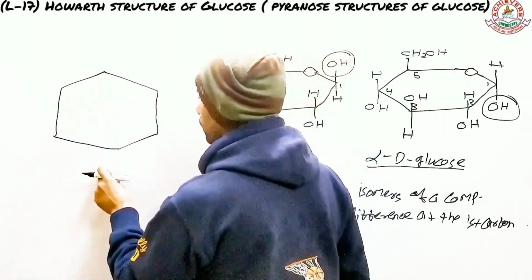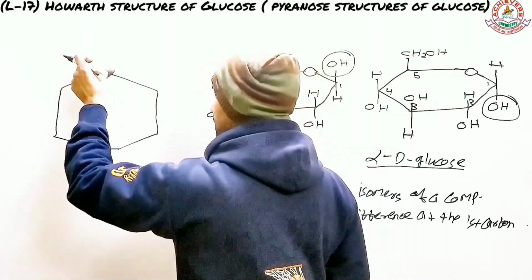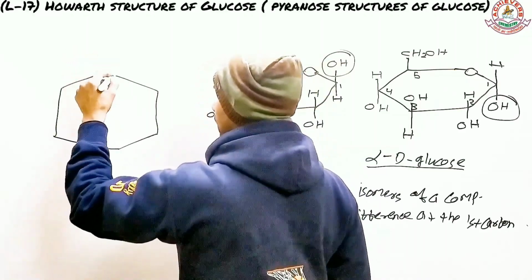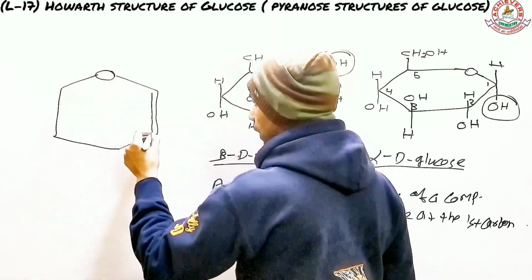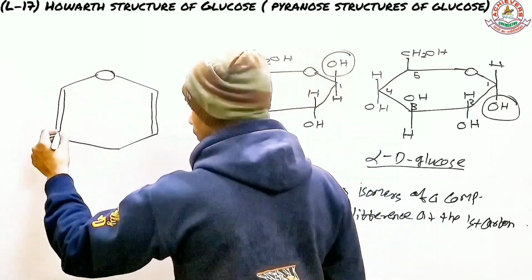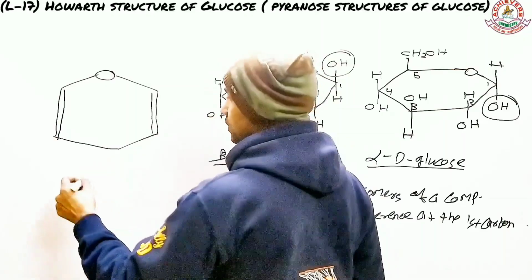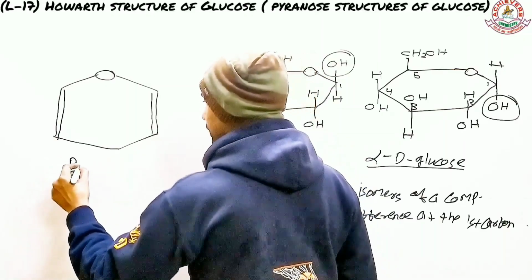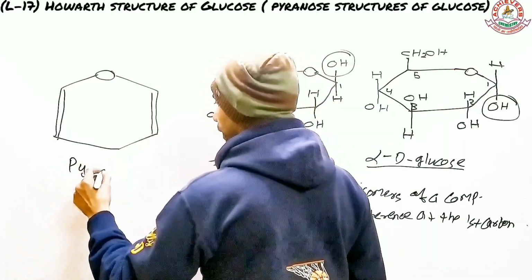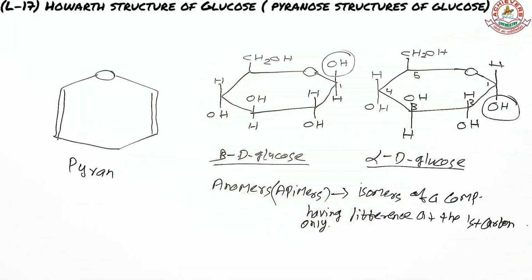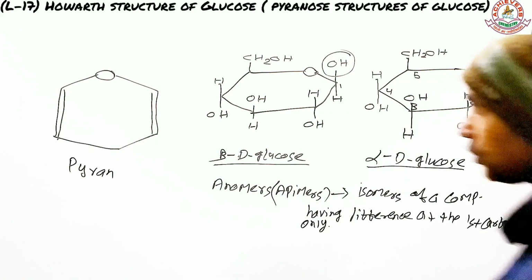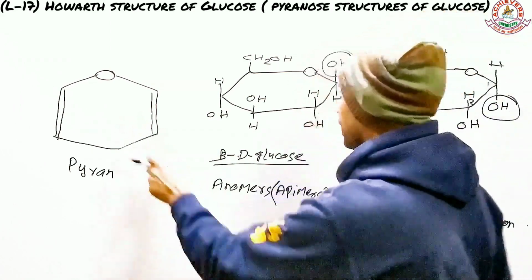So this is again like a cyclohexane, but one of the atoms here is occupied by oxygen, and there are two double bonds here. So this very molecule is called pyran.